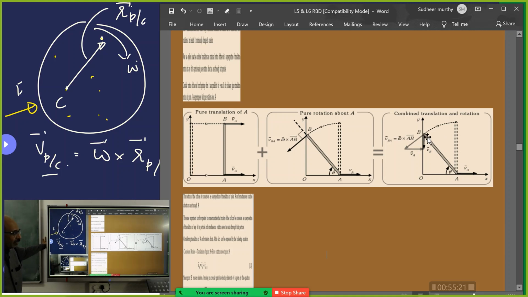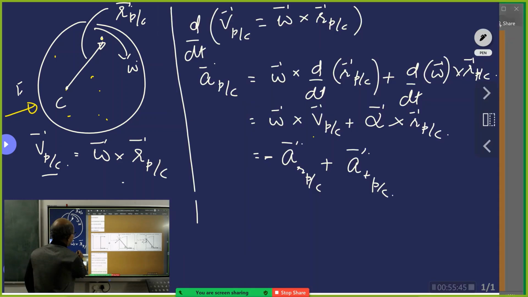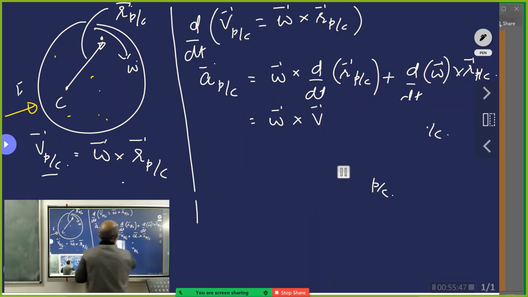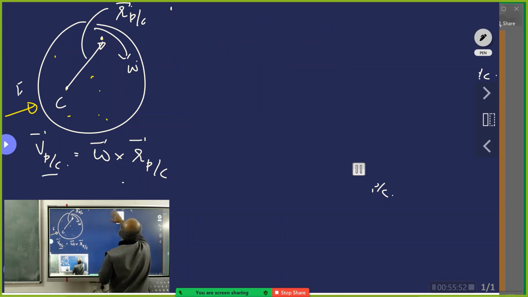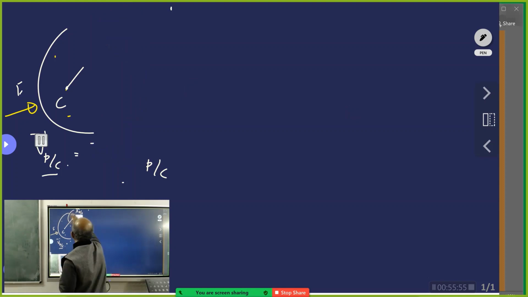Therefore the velocity of point B will be equal to the velocity of point A plus the velocity of point B with respect to point A. Will you appreciate that, all of you? Going by the same line, whatever theory we developed, I am going to use that theory here.